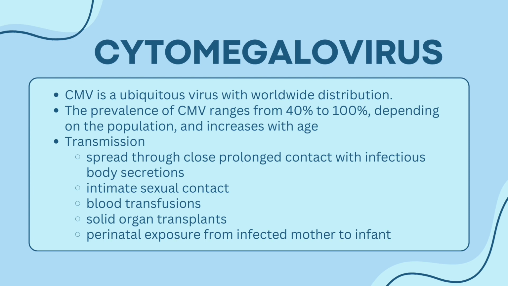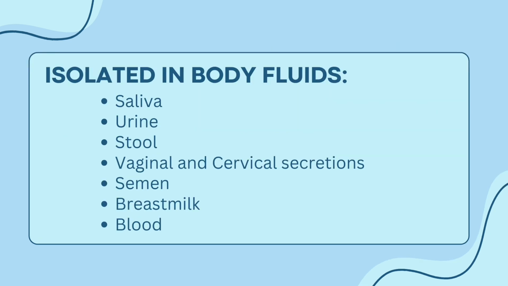Transmission of the virus can occur in a variety of ways, such as spread through close prolonged contact with infectious body secretions, intimate sexual contact, blood transfusions, solid organ transplants, and perinatal exposure from infected mother to infant. It can be isolated in body fluids such as saliva, urine, stool, vaginal and cervical secretions, semen, breast milk, and blood.